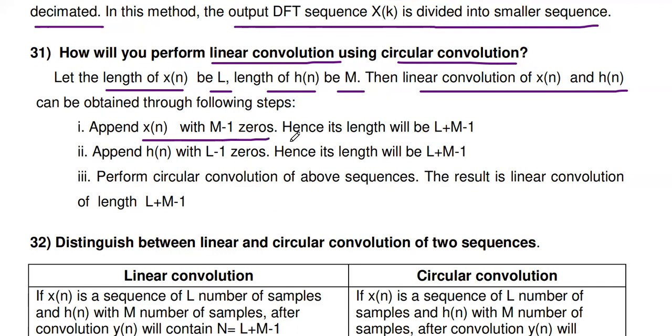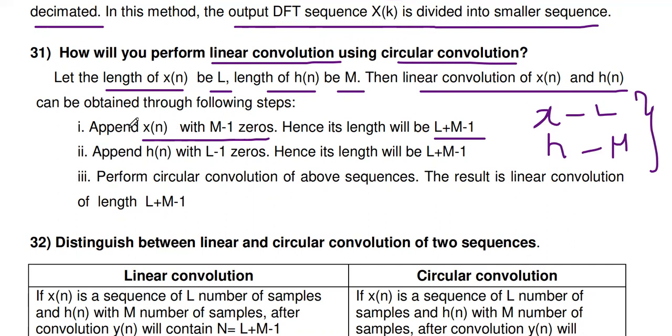In order to do the circular convolution, the length of both the data, the length of x and the length of h, should be equal. But if x has length L and h has length M, we have to make both sequence lengths L plus M minus 1.